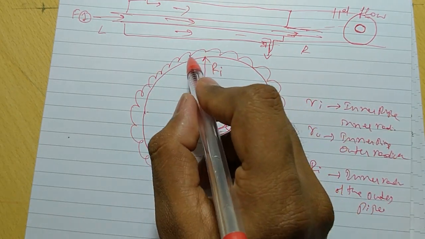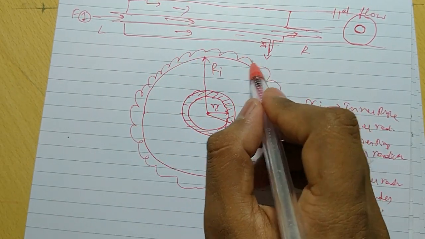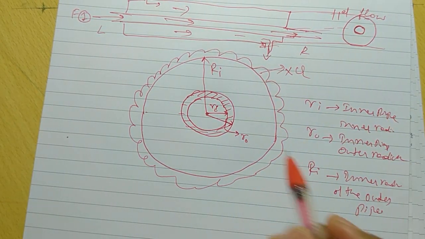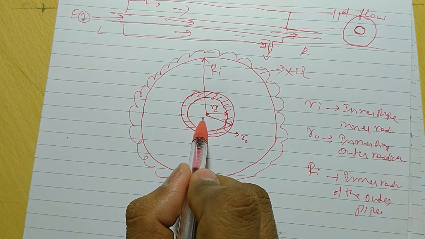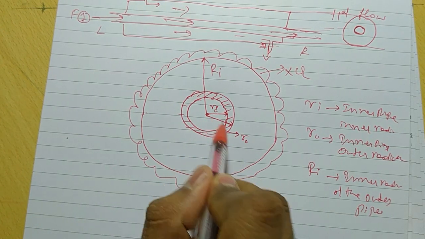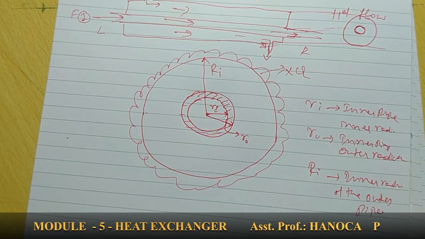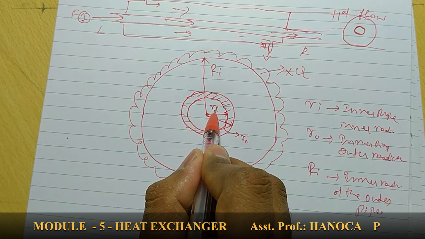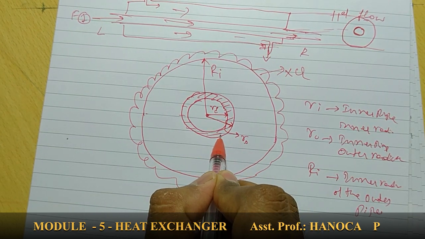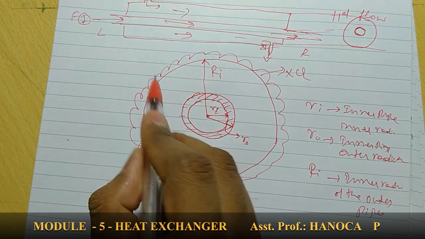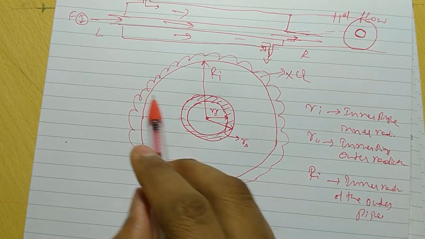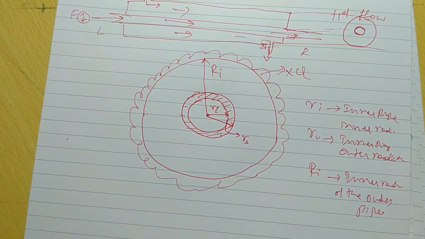There is no heat loss. So for any calculation you have only small ri, small ro and capital Ri: the inner radius of the inner pipe, the outer radius of the inner pipe, and the inner radius of the outer pipe. There is no capital Ro, because we are considering perfect insulation. There is no heat loss.